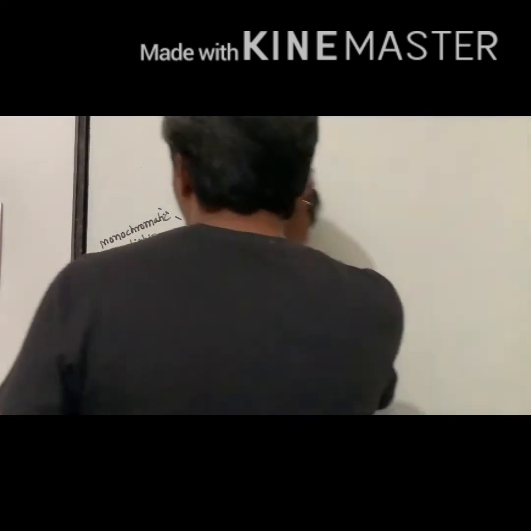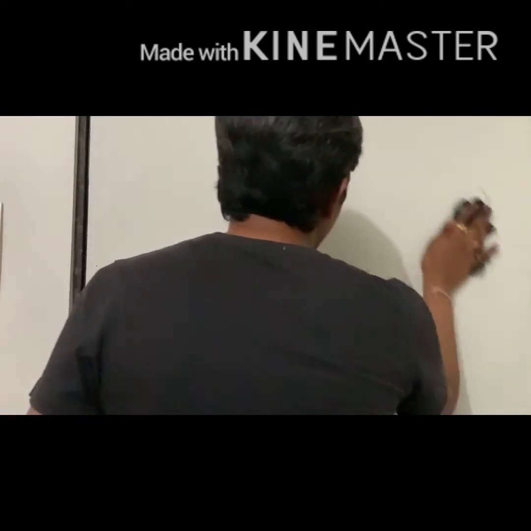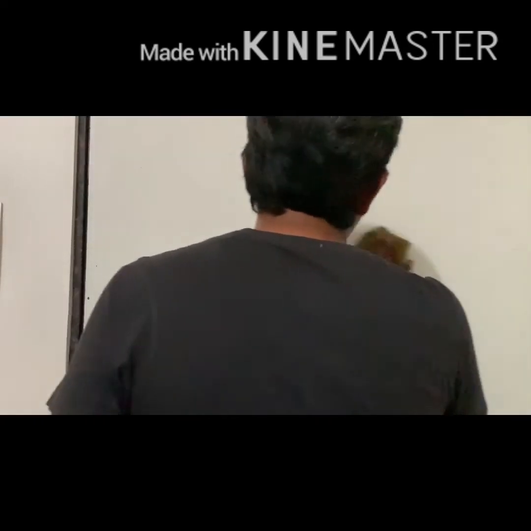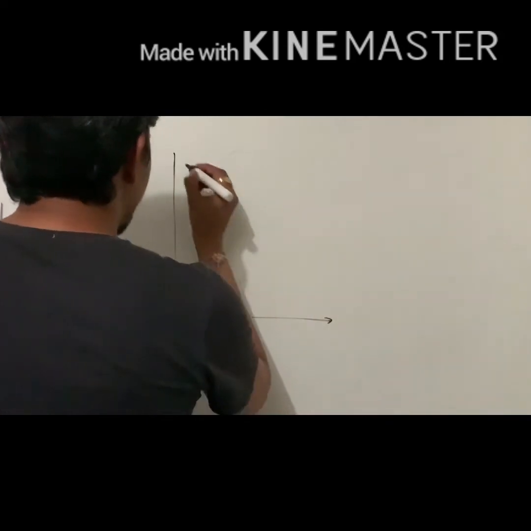Now check the next graph. It is a graph of angle of deviation against angle of incidence. Check the nature of the graph, it is like this. Here is the y-axis, x-axis.